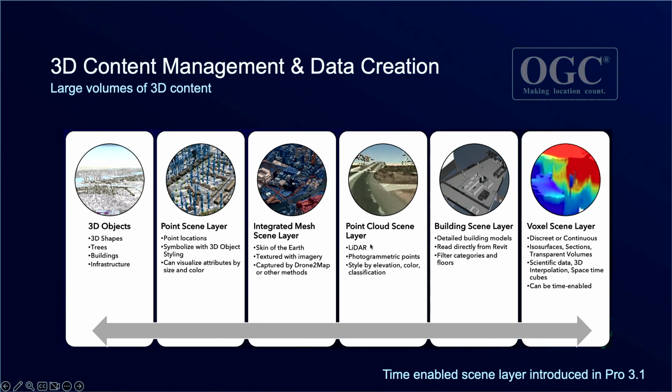Then we have the point cloud scene layers that are handling point clouds, streaming point cloud information across the web. And then what we have seen yesterday is the building scene layer. A building scene layer is using the information coming out of the BIM process. In this case, we are looking after Revit files, because we have this partnership with Autodesk, and we are looking after IFC.